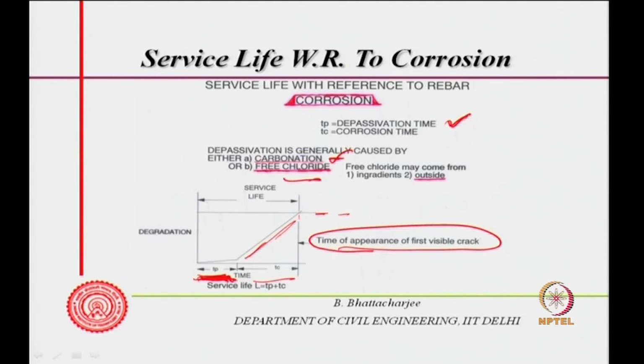Corrosion results in cracking, which you will see later on how it does. When the first visible crack has appeared, that time we call the corrosion time, and the total service life of the element is T p plus T c.